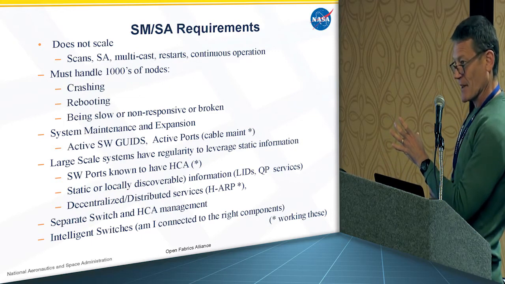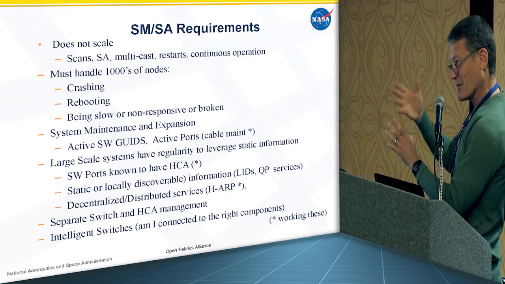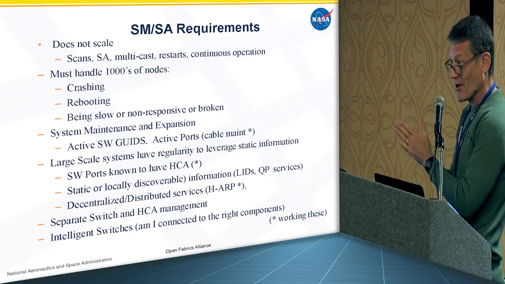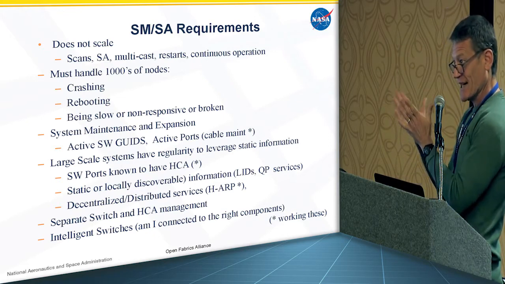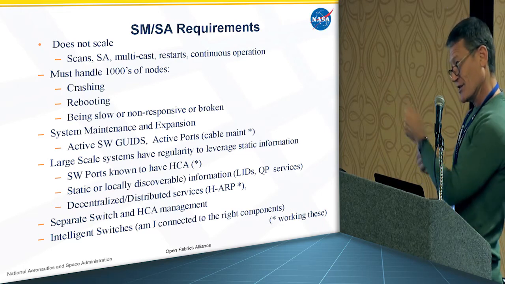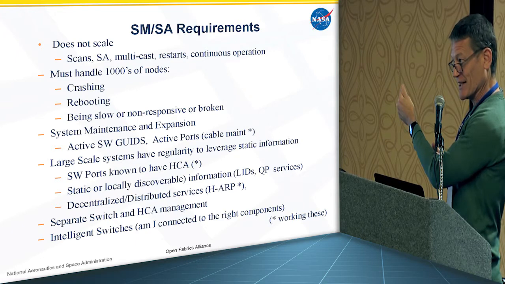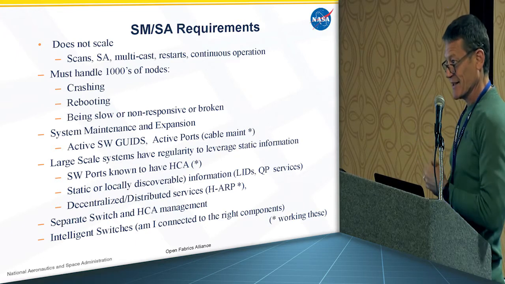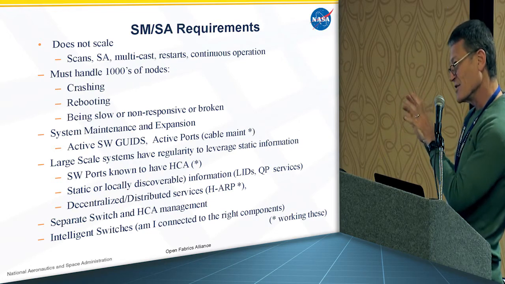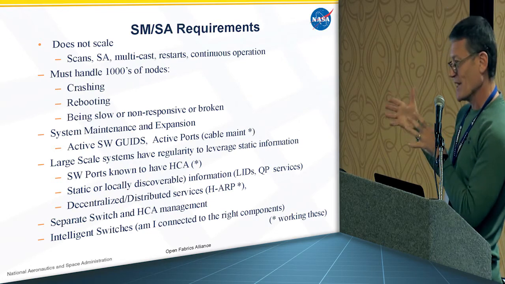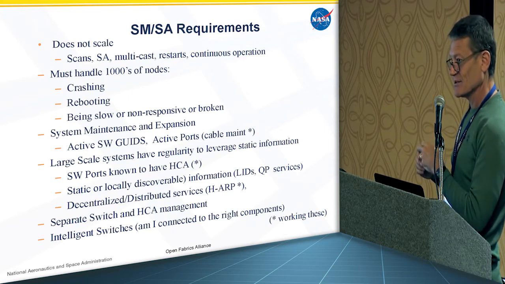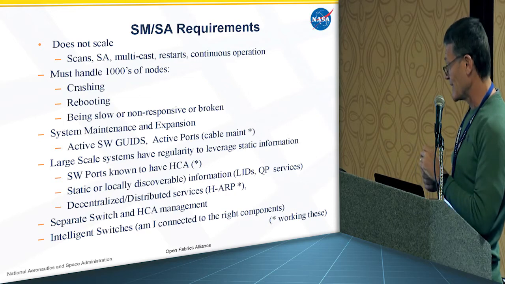Okay, if I can compute all the different combinations, if I drop a cable, I'll have those pre-computed and just push that out. Or maybe the switches know what they should be connected to. And so when the subnet manager scans, it just says, are you connected to who you think you should be at the rates you should be? Yes. And so are there any things that we can do to sort of reduce the load of what a full heavyweight scan is? And so that's practically at a large scale, it's just not going to work the way that it's designed today.